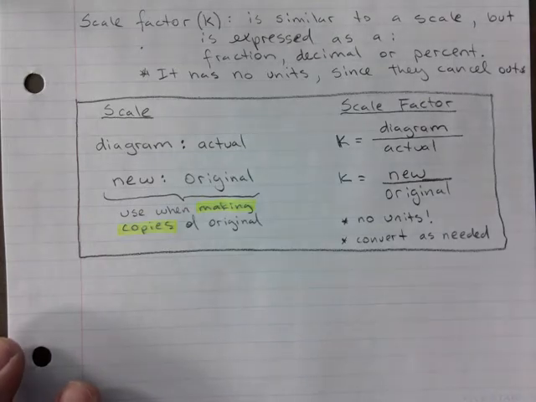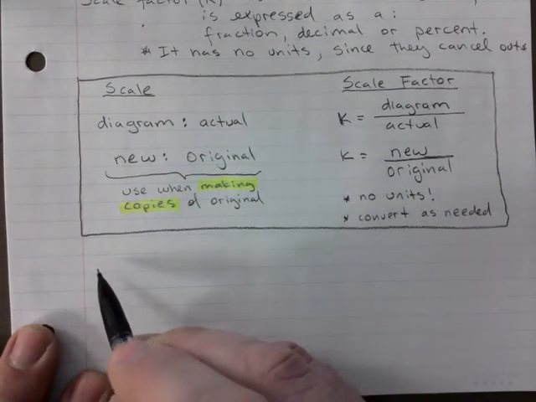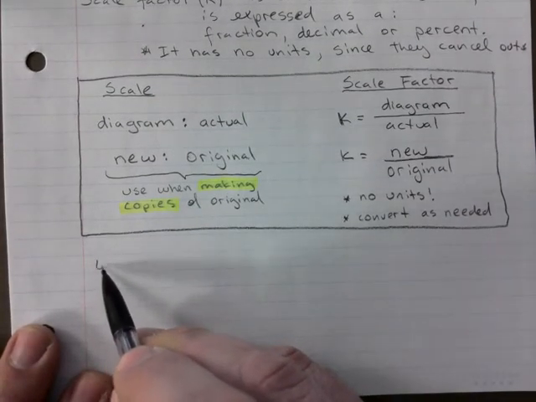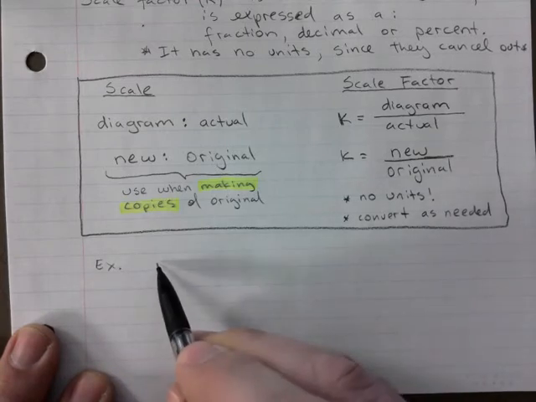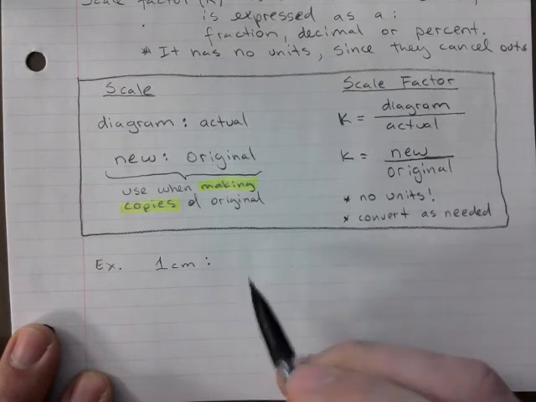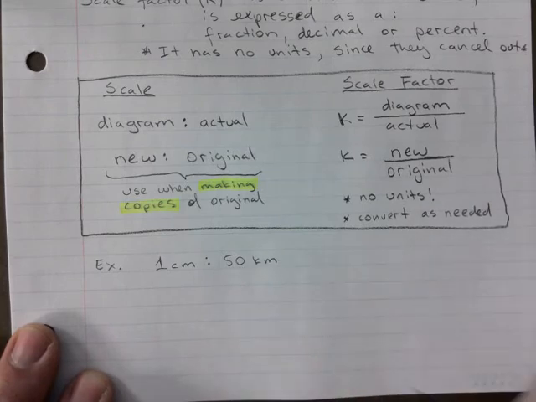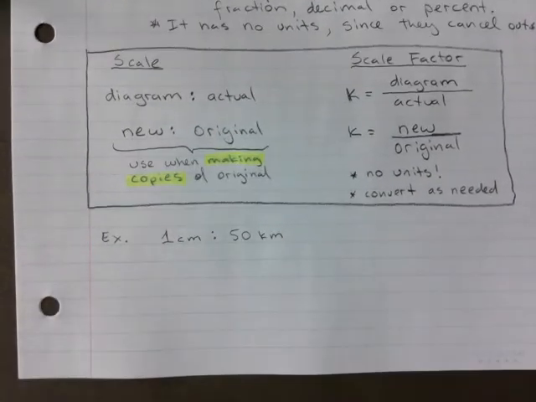So here we go, I'm going to give an example. Let's say you're given 1 centimeter represents 50 kilometers. If you see that, you know that that's a scale.